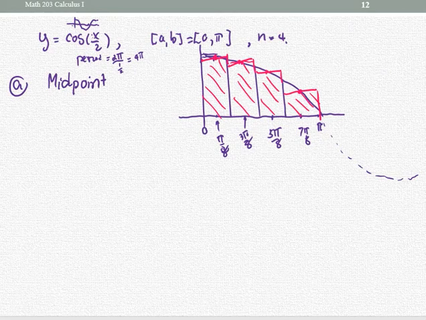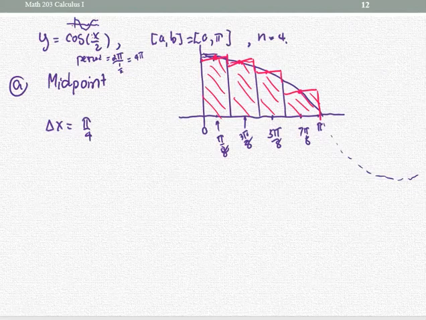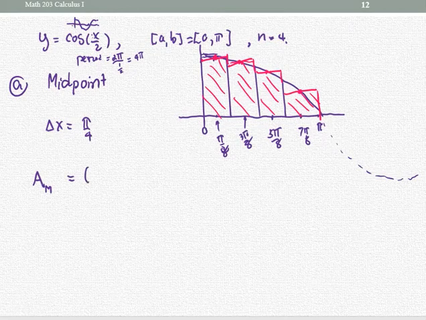To compute it, since we already know delta x, or the width, is pi over 4, and the list of midpoints is pi over 8, 3 pi over 8, 5 pi over 8, 7 pi over 8, the midpoint area equals the sum of the function values at each midpoint.